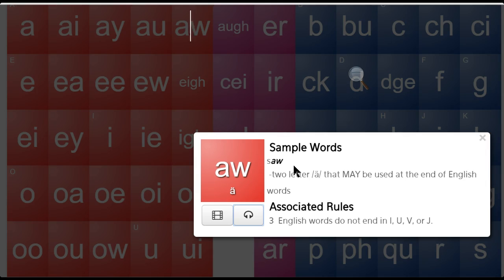And so the associated rule is that English words do not end in I, U, V, or J. Remember that rule. It will never end in I, U, V, or J.